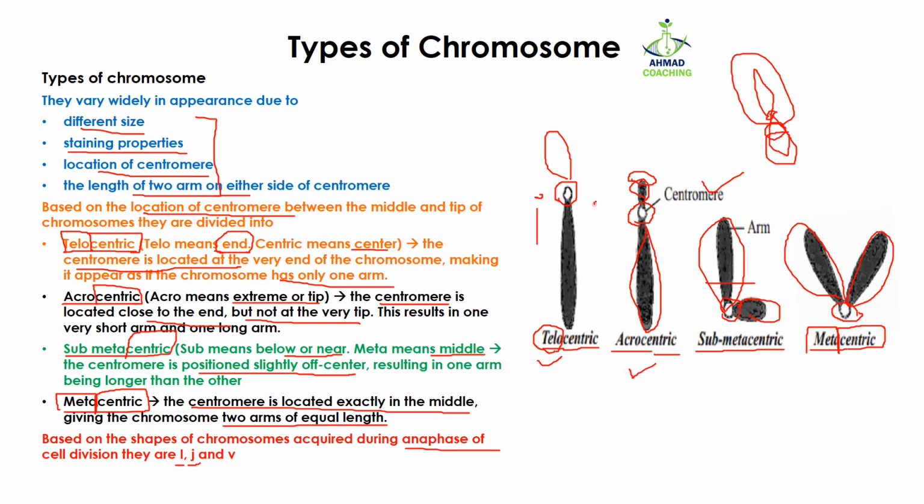And they may also be V-shaped, as you can see in the metacentric, that they are arranged in a shape of V. So these are different classifications, different types of chromosomes based on their centromere or the shape they attain during the cell division. So that was our topic of today, that is types of chromosomes.